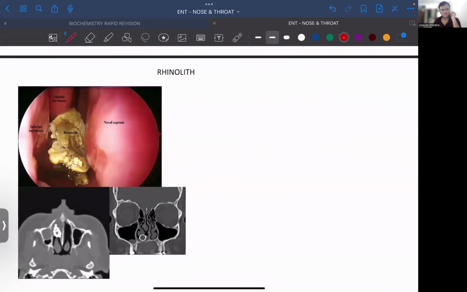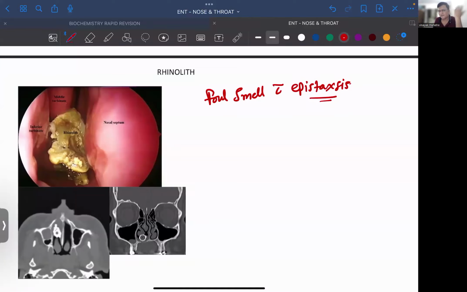What we had? Young female with foul smell, right? But now I am going to talk about foul smell with epistaxis. In atrophic rhinitis, we do not have bleeding from the nose, but over here, foul smell with epistaxis is seen in rhinolith.